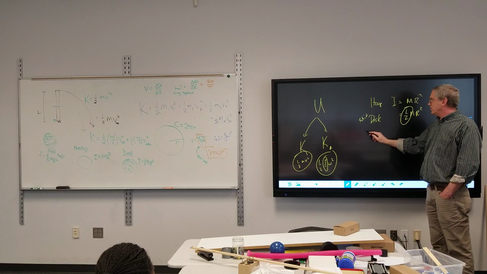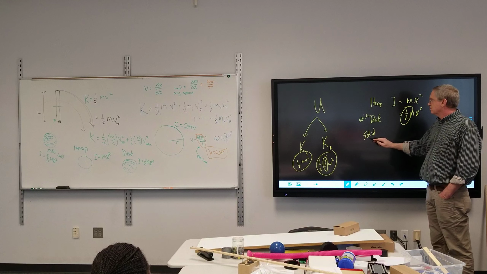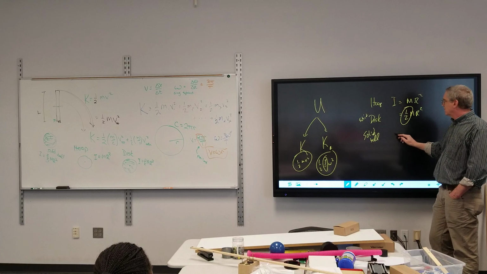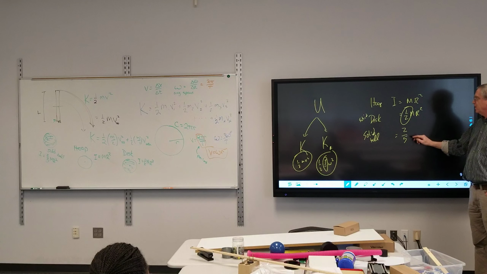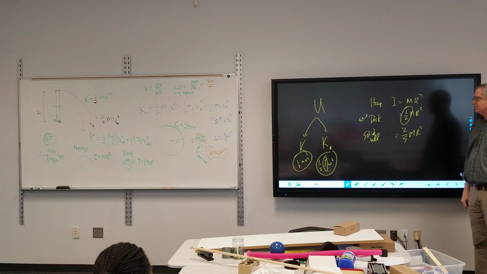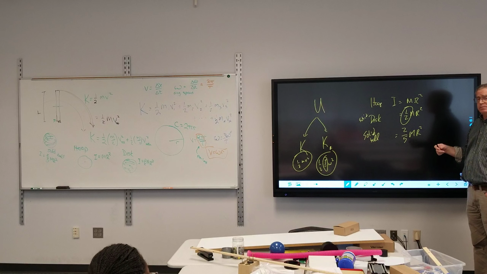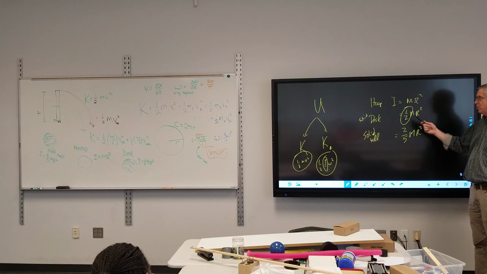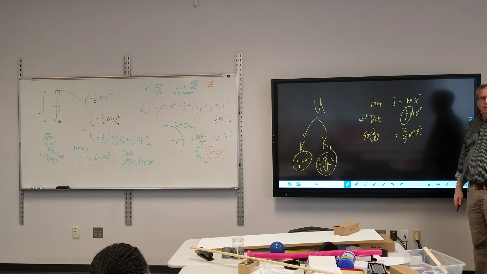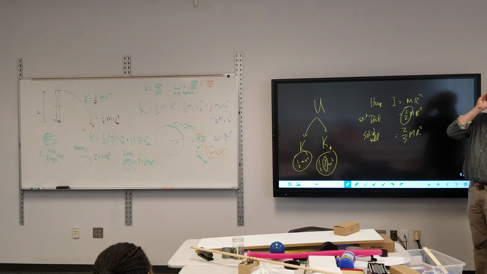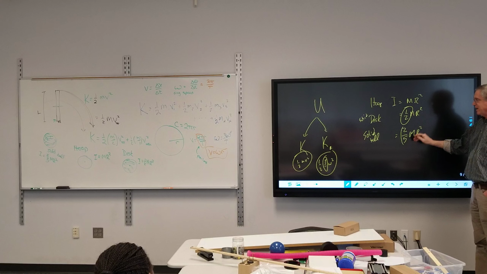If I went to the solid ball, it was 2/5 mr squared. Based upon the math here, and what you know at this point, which one would you expect to win? The ball, because that's smaller than that is.